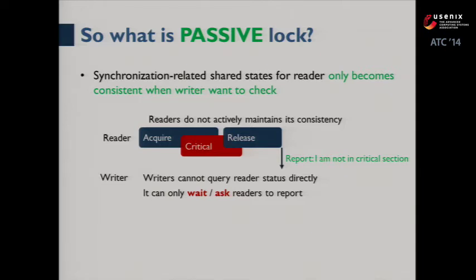But with a passive lock, I just stand here and shout, is anyone there in that room? All I need to do is collect everyone's report. And if I am not trying to acquire that lock, everyone else can enter and exit the critical section, that door, freely. So that is the idea.